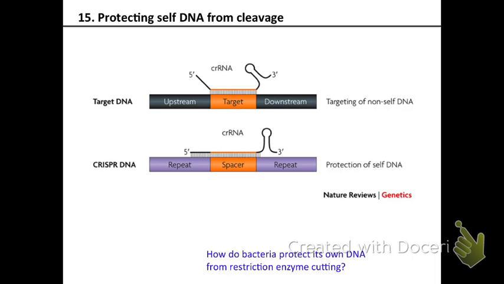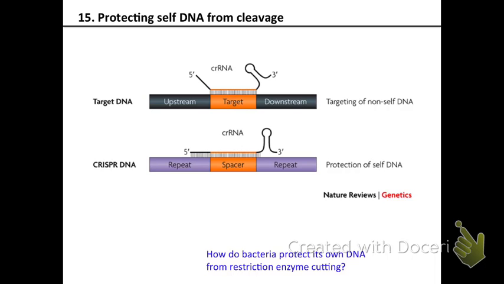You probably learned this in POB, I'm pretty sure. What kind of modifications do bacteria make to their genome, to their DNA? Humans and vertebrates do it too. What about methylation?